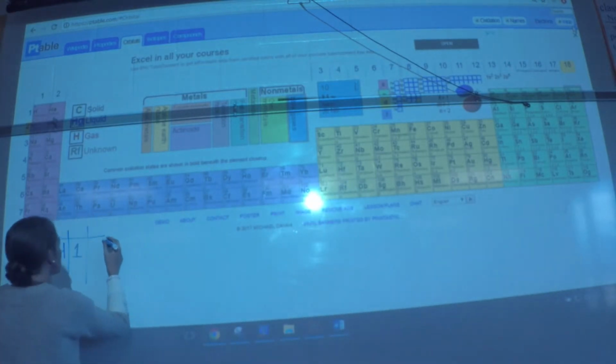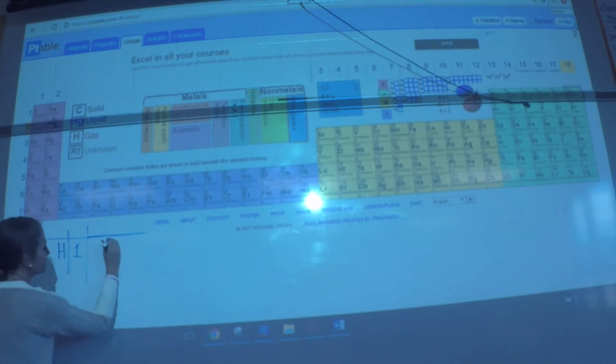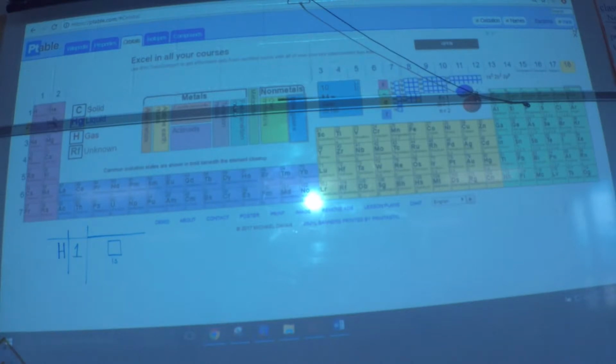So in that next column where it says orbital diagram, you're going to draw one box, because 1s only is one orbital. And now for hydrogen, I only have one electron, so you're just going to put one arrow inside that box. Does it matter if it's up or down? It doesn't. No. As long as the next one goes opposite.